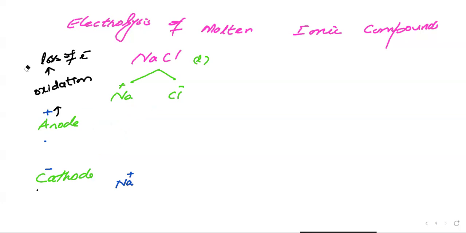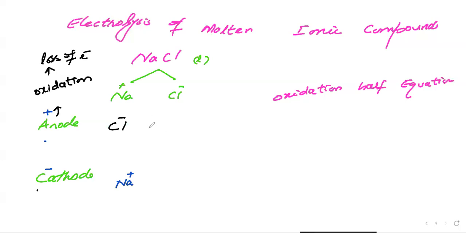So I'm going to develop that equation. Chloride ion, when it moves to anode, there is oxidation of that chloride ion. There are two ways to write this oxidation half equation. We call it oxidation half equation, the equation that represents the oxidation process.